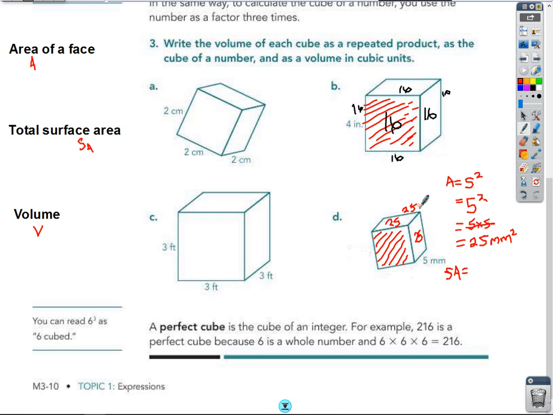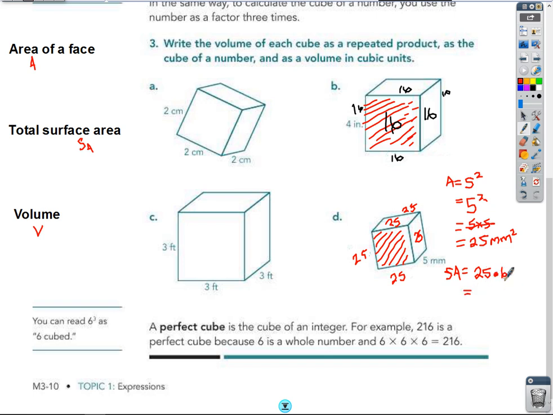There's a 25 on the back, there's a 25 on the left, and there's a 25 on the bottom. So since all 6 sides have an area of 25, I would just take 25 and multiply it by 6. And that would be the total surface area.